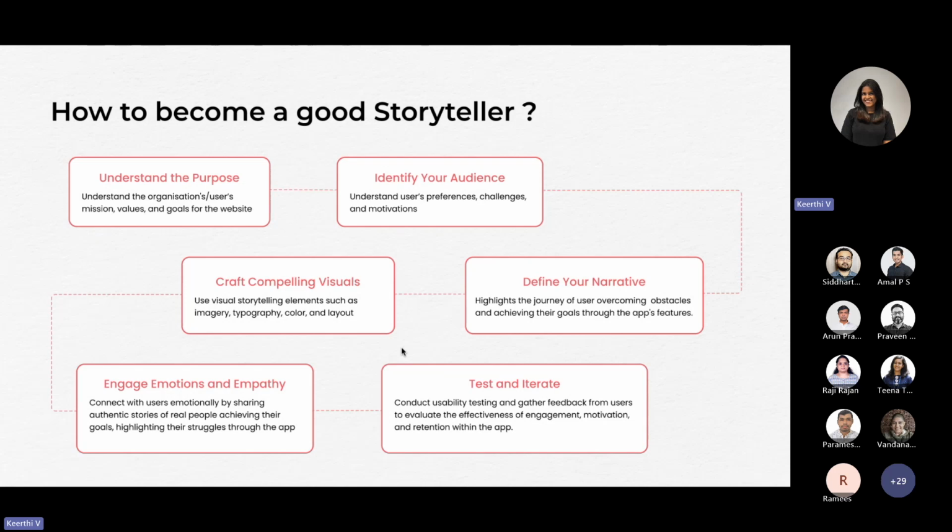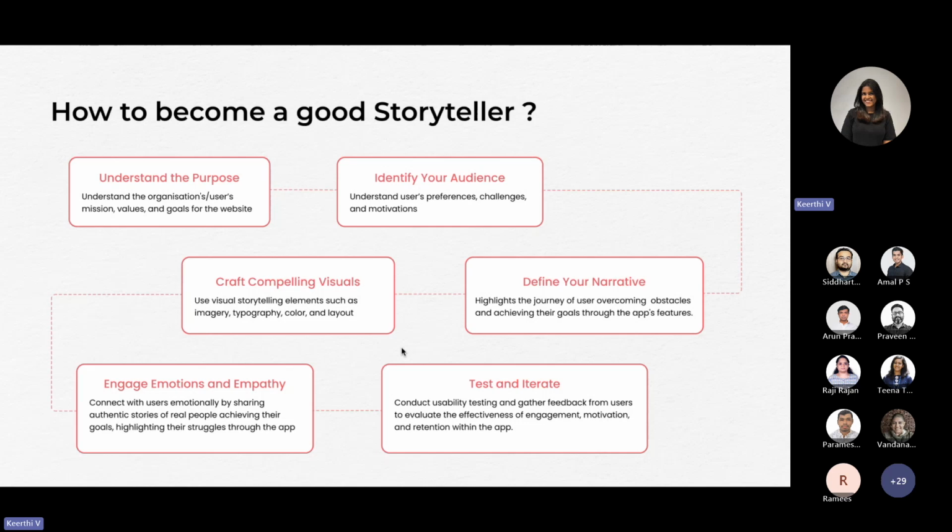Once they test it, they give us feedback, we iterate, and we again give more information and a better solution. So through this cycle of process, we test, we iterate, and then we go all over again.